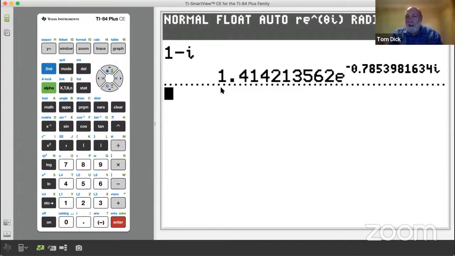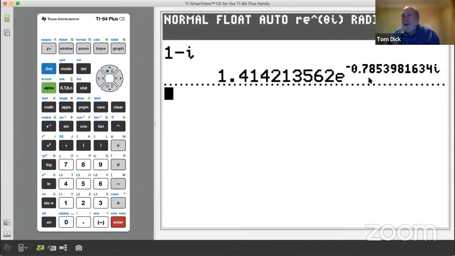The coefficient in front of the exponential, that's the r. And if you look at that, if it's recent enough in our memory, I think you had square root of 2. Yes, 1.41. That's looking good. And let's look up here in the exponent. We're now looking for the coefficient of i in that exponent, and that should be our theta value.